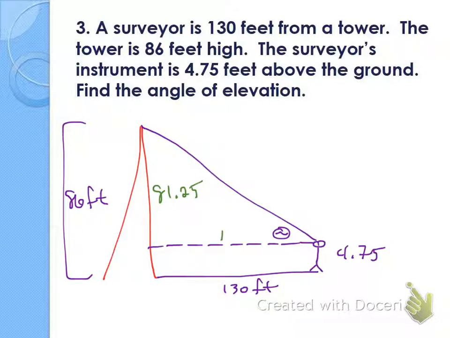And then this distance is still 130 feet. The instrument is still 130 feet away. It doesn't matter if it's the top of the tower, the bottom of the tower, or the middle of the tower. So that's where we're going to come up with finding the angle by taking the inverse tangent of 81.25 over 130.